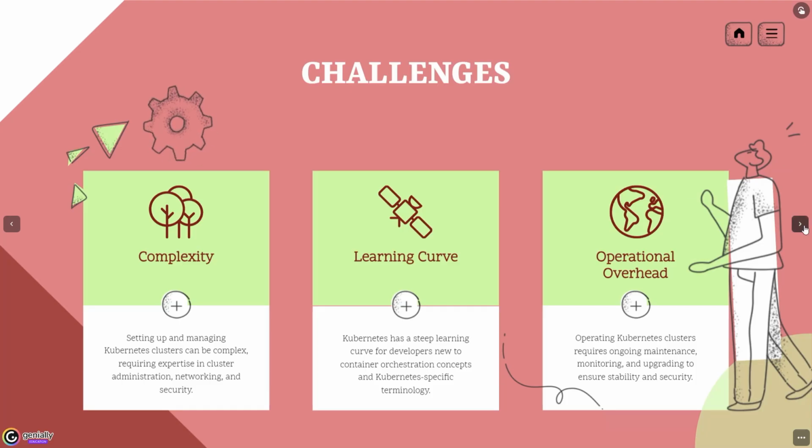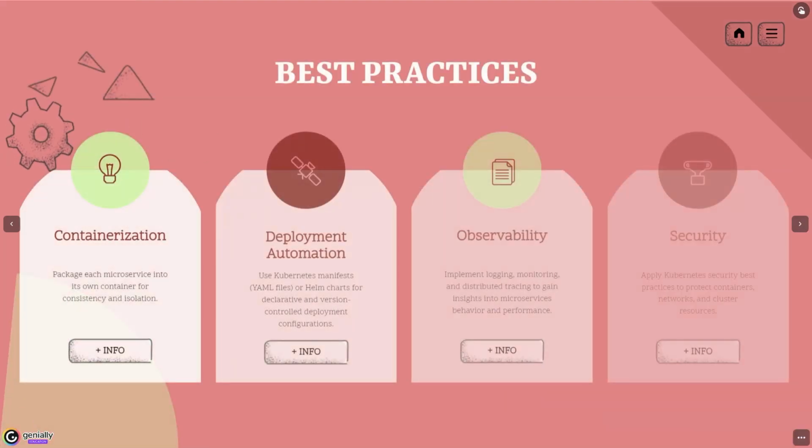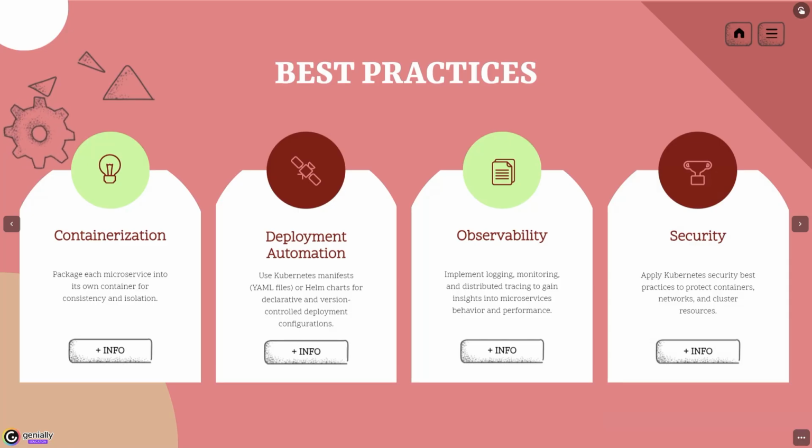So, there are some best practices. One is containerization. Package each microservice into its own container for consistency and isolation. And deployment automation. Use Kubernetes manifests, YAML files, or Helm charts for declarative and version controlled deployment configurations.